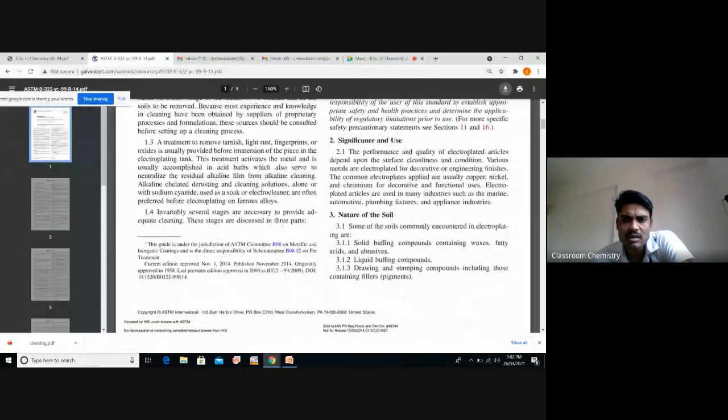In this, they focus on why we clean: the performance and quality of the electroplated article depend upon the surface cleanliness and condition. Various metals are electroplated for decorative, engineering, and finishing purposes. The common electroplates applied are usually copper, nickel, chromium for decorative and functional uses.